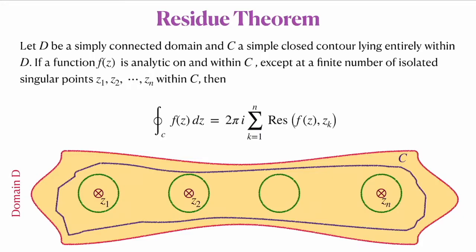Let's quickly remind ourselves of the residue theorem. The residue theorem essentially states that if you have a domain in which a function f(z) is defined and you want to take the contour integral over a contour C in this domain, where C is a simple closed curve, and inside C we have a finite number of singularities at z1, z2 and so on till zn, then the integral of f(z) over this contour C is given as 2πi times the sum of all residues of the singularities inside this contour.